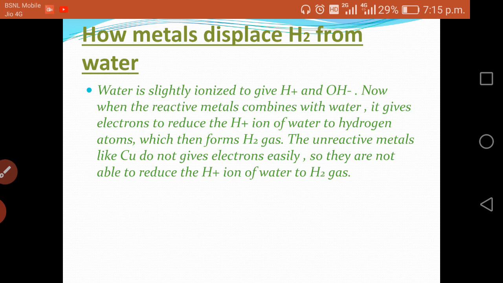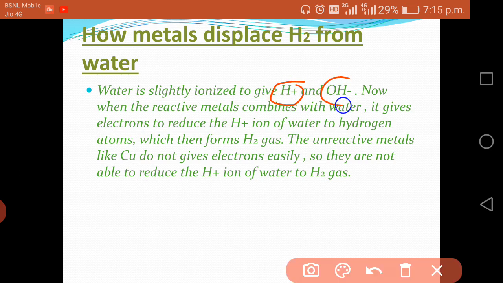The water is slightly ionized to give hydrogen ion and hydroxide ion. Now when the reactive metals combine with water, it gives electron to reduce hydrogen ion of water to hydrogen atom, which then forms hydrogen gas.